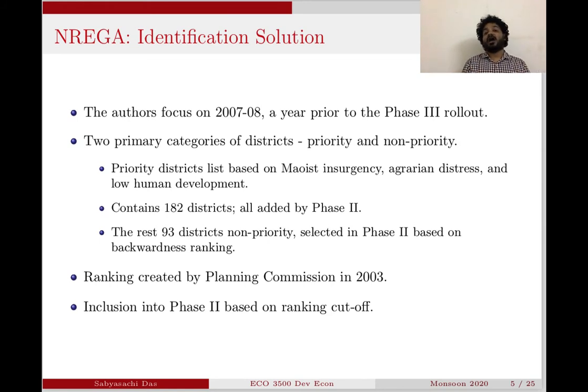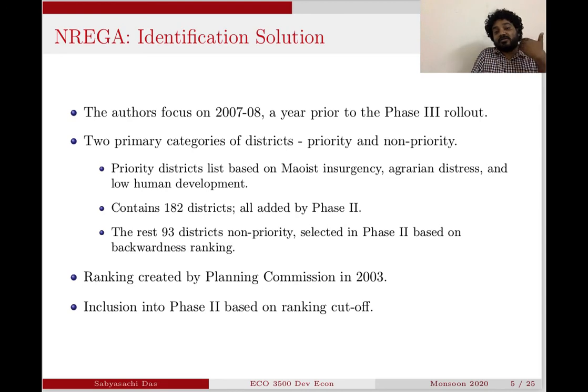They're interested in the other category, which is the non-priority districts. About 93 non-priority districts were selected in phase 2, and a bunch of them were not selected in phase 2, and stay in phase 3. Basically, the total number of districts minus 182 is non-priority, and of the non-priority, 93 were selected in phase 2.